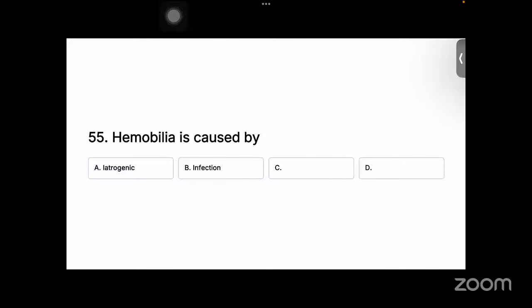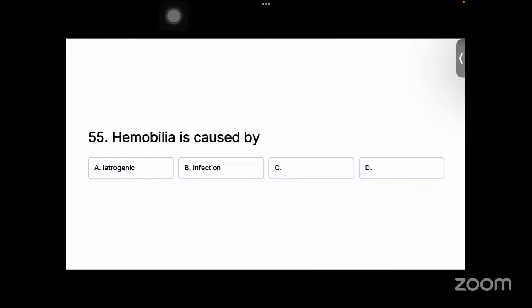Clomiphene citrate is a SERM, a selective estrogen receptor modulator, so it blocks the estrogen and increases the FSH. Both are effective, but for the regular cycle, days 3 to 7 or 5 to 9, I would go for clomiphene citrate. If you're asking me with this option, I go for clomiphene citrate.